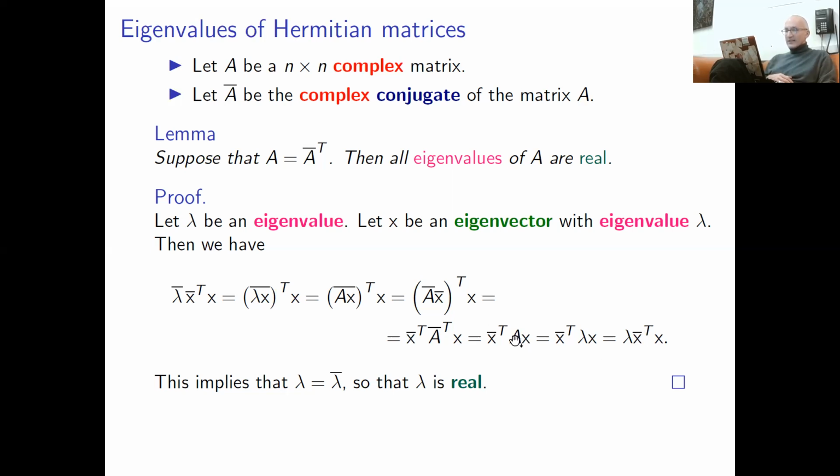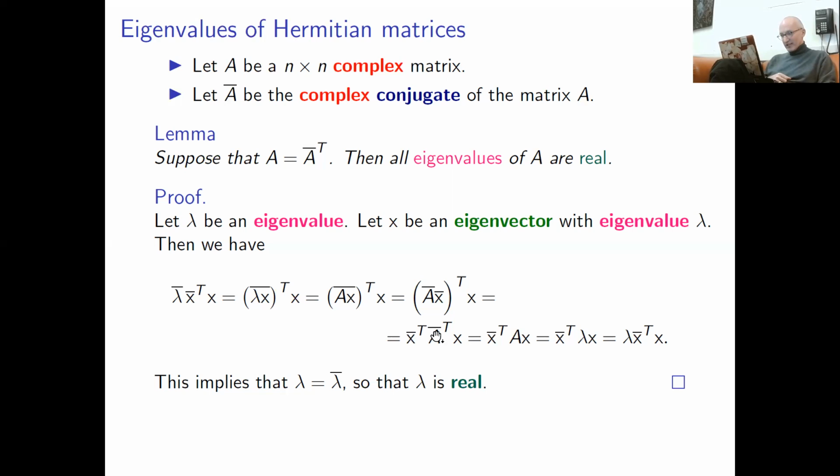On the other hand, we can rewrite this equality in this way. You can replace A by A conjugate transpose, A bar transpose, because by assumption these two matrices are the same. You rewrite this product as this. Then we use the fact that the product of matrices is associative. I multiply A bar transpose by X, but now I want to multiply it not by X on the right but by X bar transpose on the left.